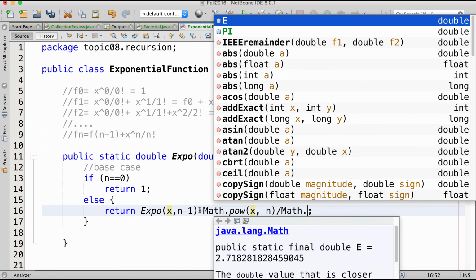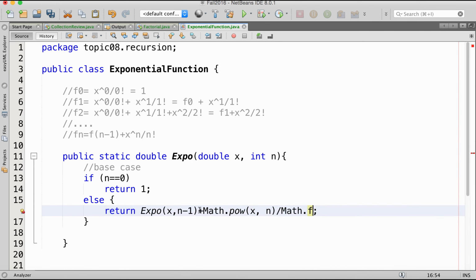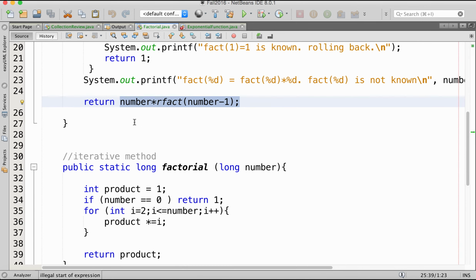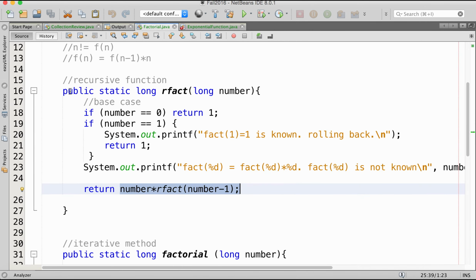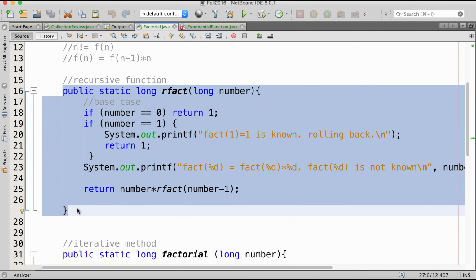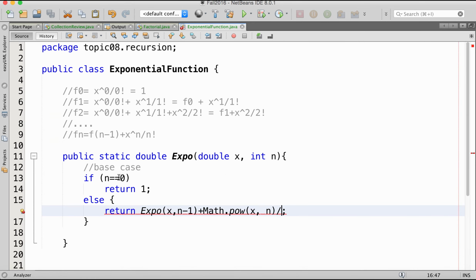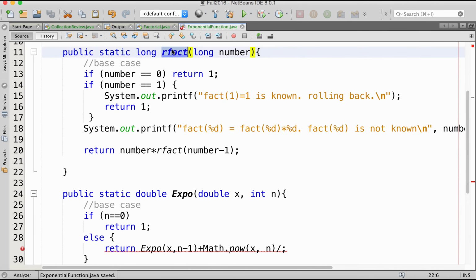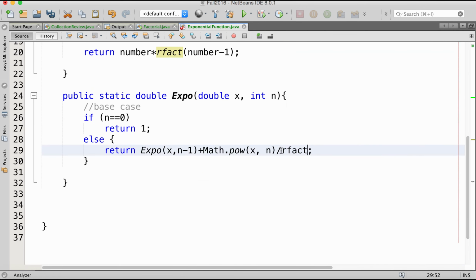Do we have factorial here? We're going to use our factorial that we did before. I'm going to bring this factorial because we will need it. Let me call it factorial. This is better.